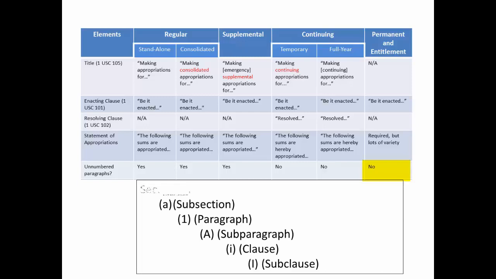It begins with the section as the basic unit of organization of a statute, followed by a subsection, the paragraph, the subparagraph, the clause, and the subclause. This numbering applies in both permanent legislation as well as the codified version in the United States Code.